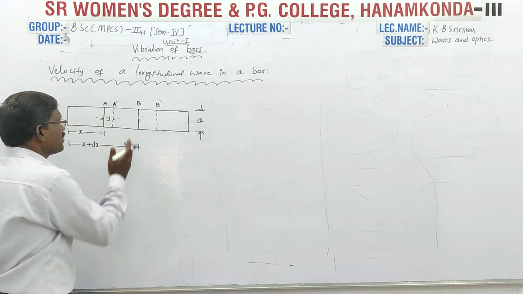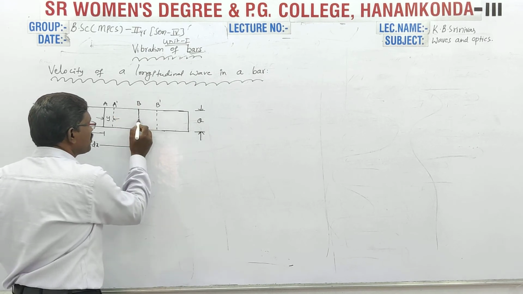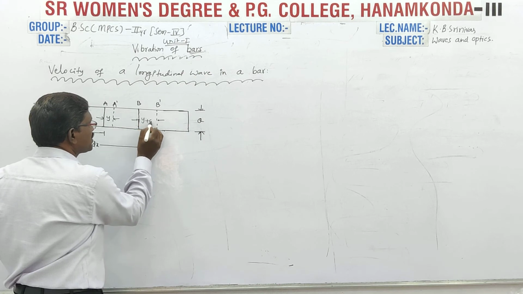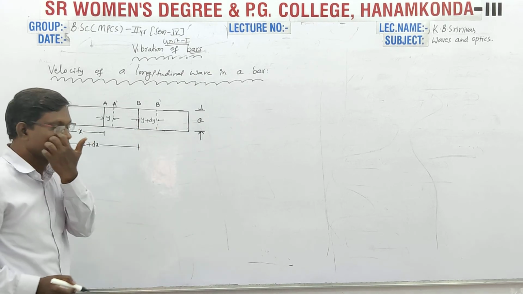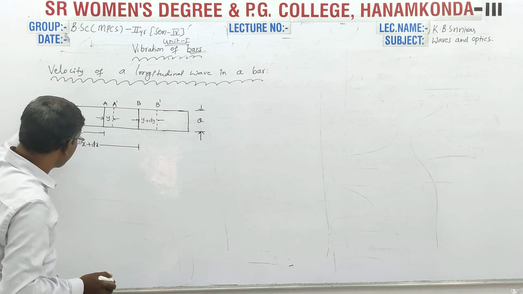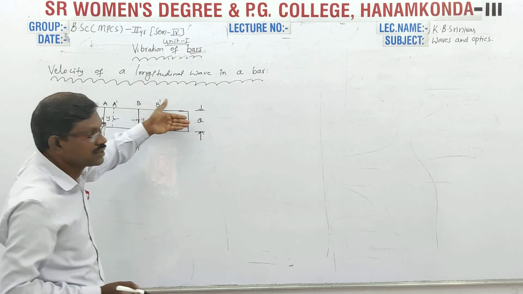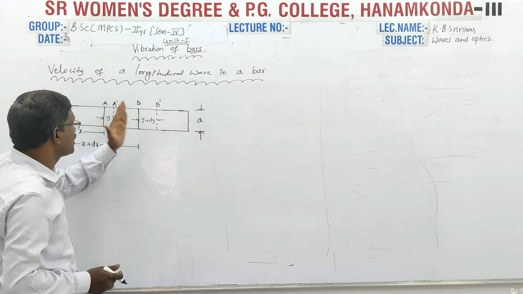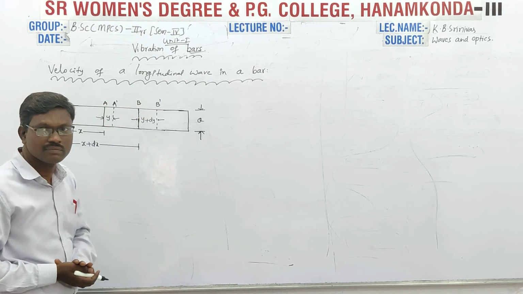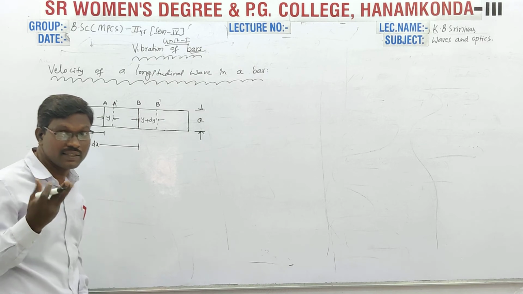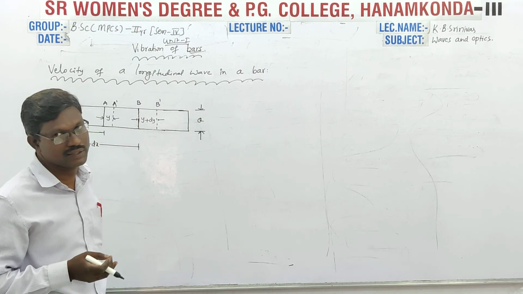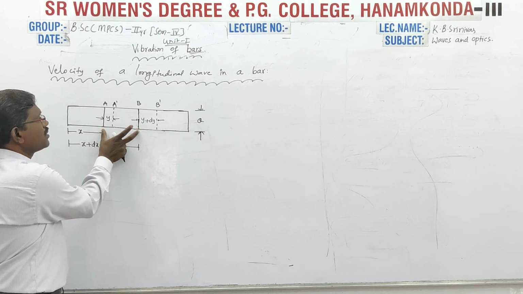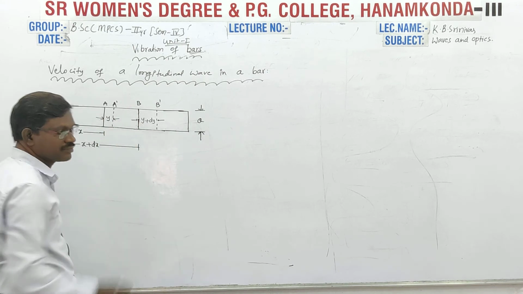The displacement of second plane from B to B dash, that I am representing as this gap, as y plus dy. Is it okay? When longitudinal wave is passing through this bar, the plane A is shifted from A to A dash, B shifting from B to B dash. Definitely there will be some extension of the element. What is the name of the element? AB. AB changes as A dash B dash.